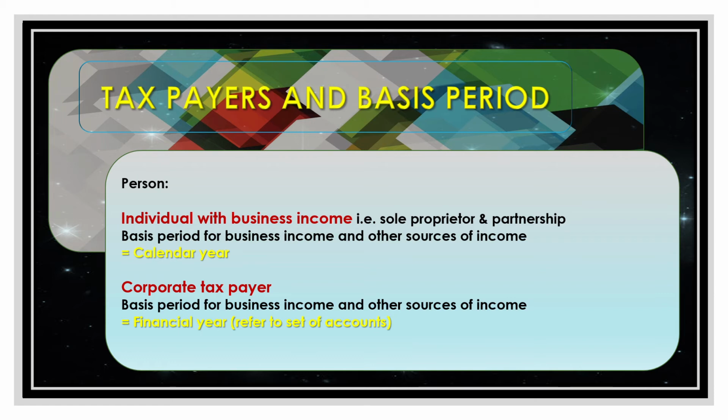When we're talking about tax, tax is actually the liability of a particular person to pay to the income tax office. So that is the liability of the business owner. In this case, for the sole proprietor and partnership, the liability to pay tax goes back to the owner of the business, which is an individual per se. That's why sole proprietor and partnership will be assessed on an individual basis.